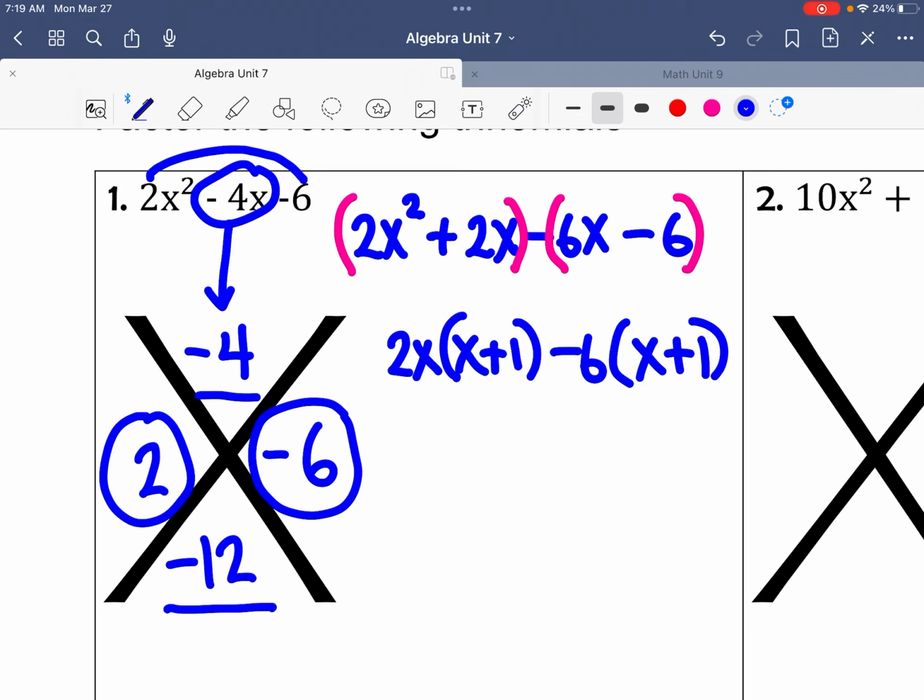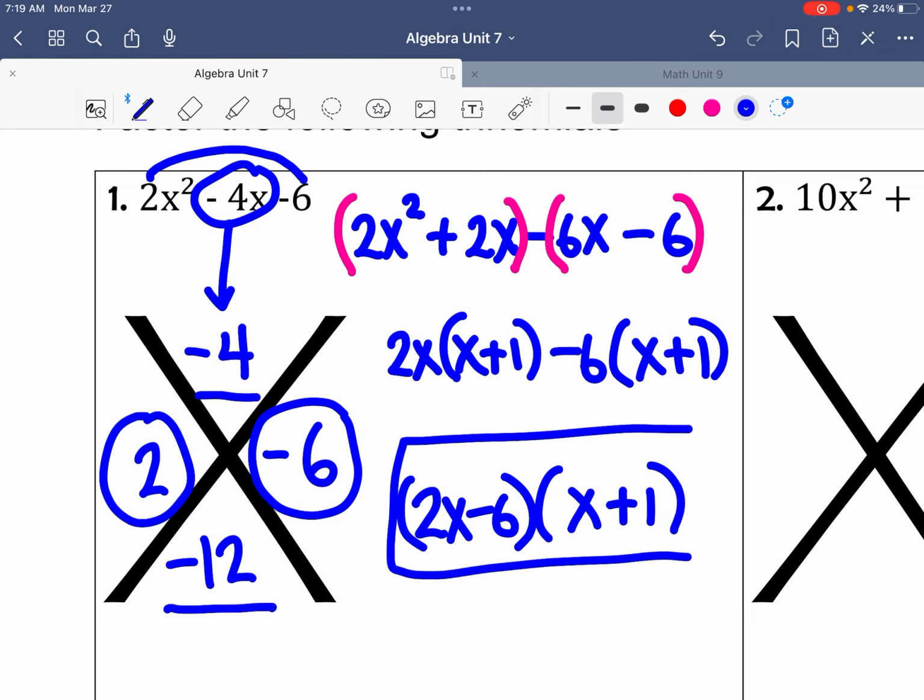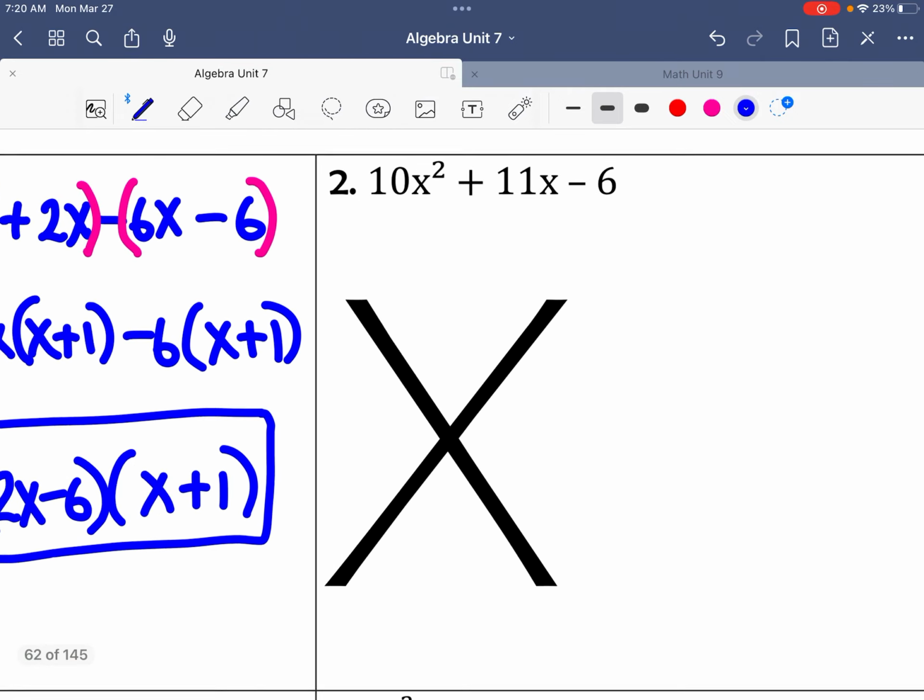And I am pulling those two factors out, 2x minus 6 times x plus 1. And those are my factors. I don't have to go back and divide by anything. That's my answer. So again, if you like this method, great. If you don't like this method, I'm fine with you using the slip and slide.